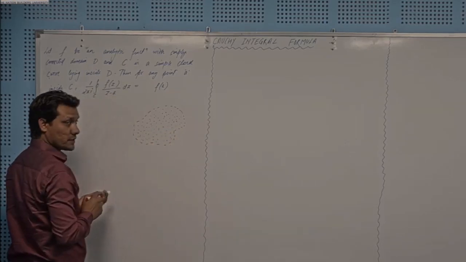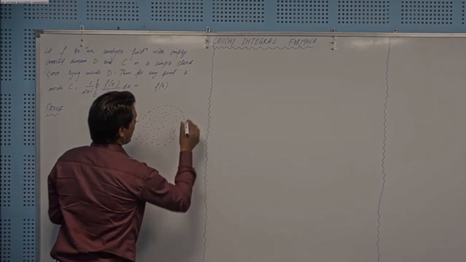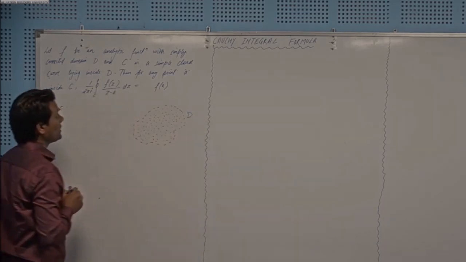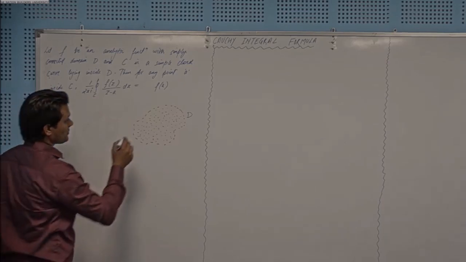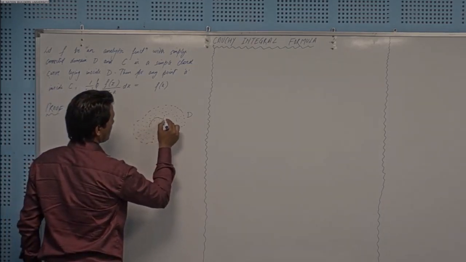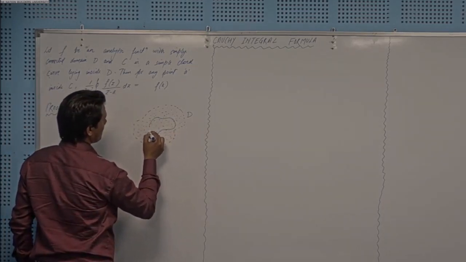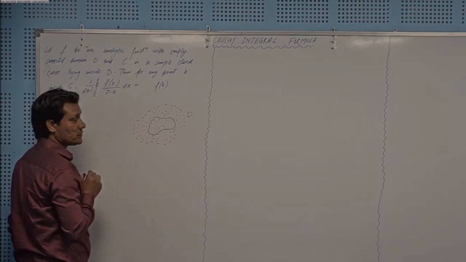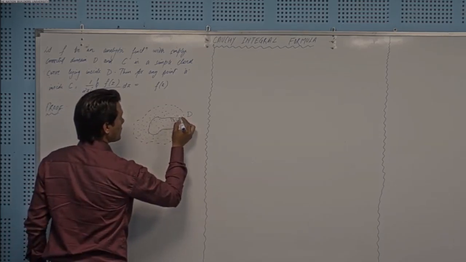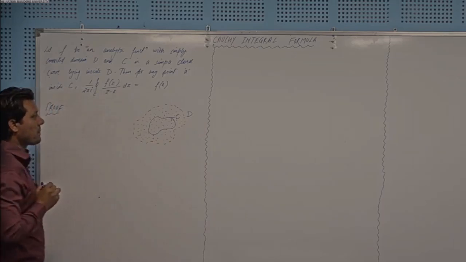This is a domain D, and inside this domain D, you have this simple closed curve C. Fine.